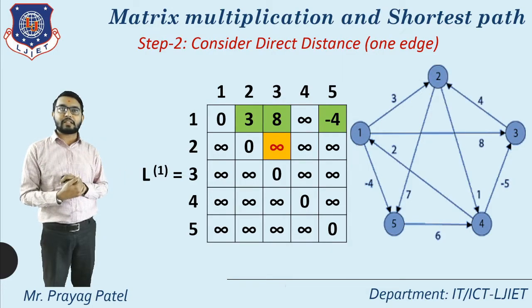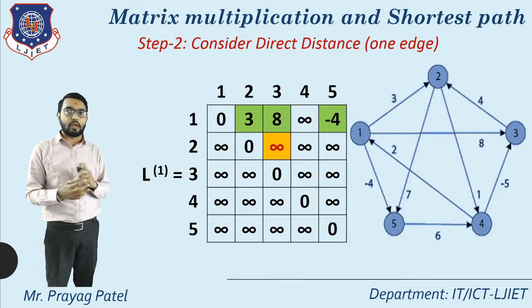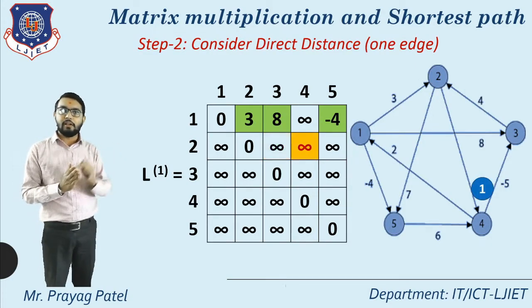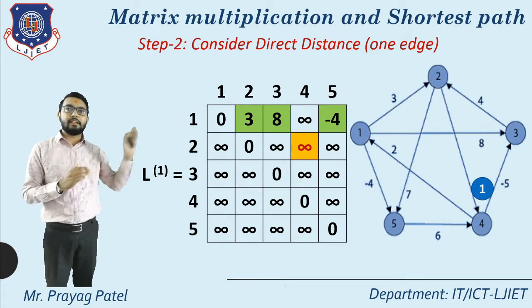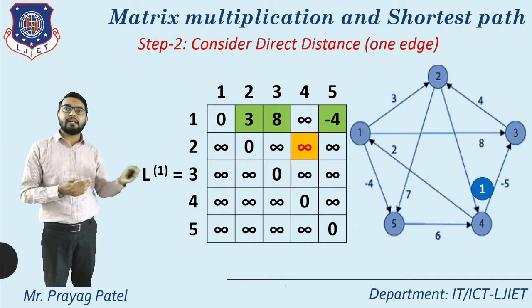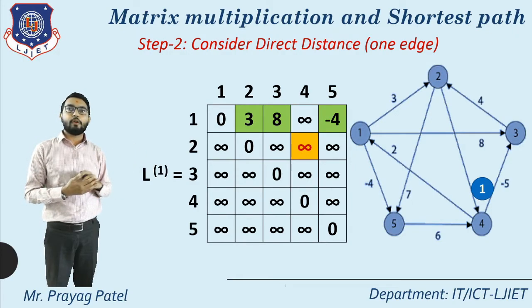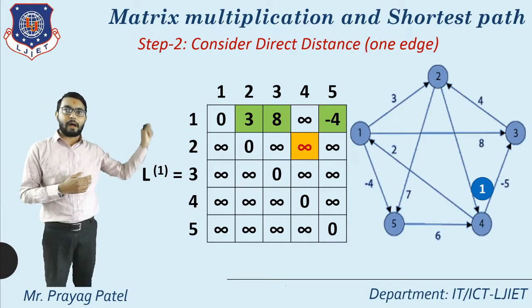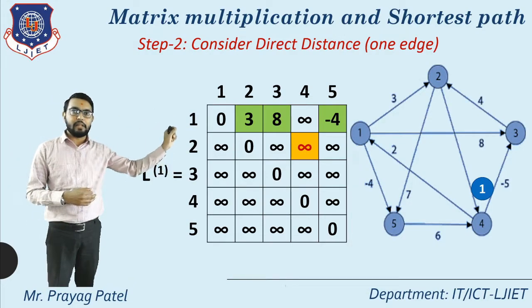Now consider the next location 2,3, because 2,2 is already 0. For 2,3, is the path from 2 to 3 available? In this figure, the 2 to 3 path is not available. So it remains infinity. Then consider next location 2,4. The 2,4 value equals infinity. Now is the path from 2 to 4 available in this figure?